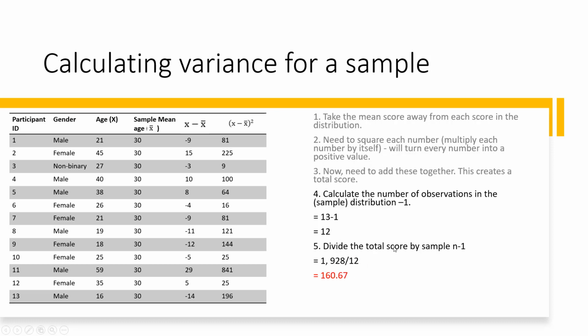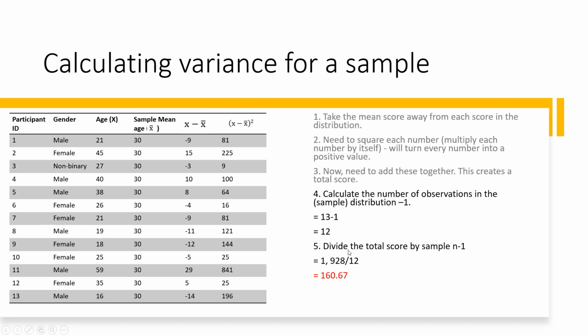Now, that doesn't work out for what we're doing, because this isn't the population of all individuals. This isn't the age for every single individual in the world. All this is the age of 13 individuals from our sample.